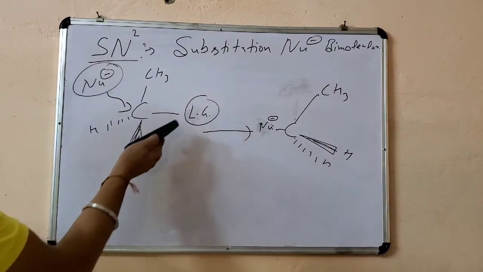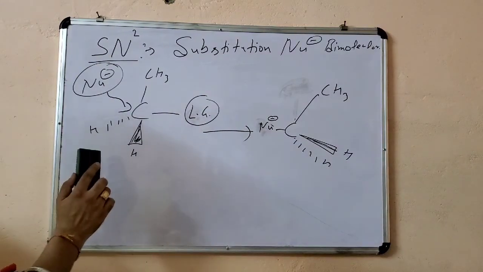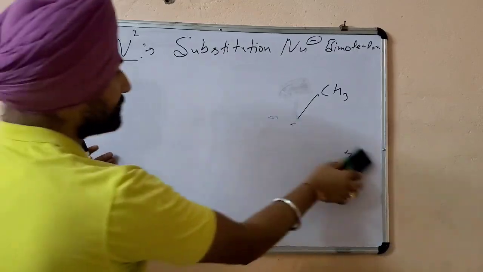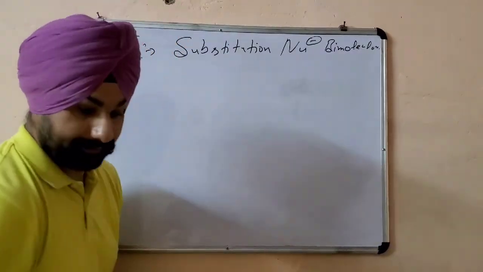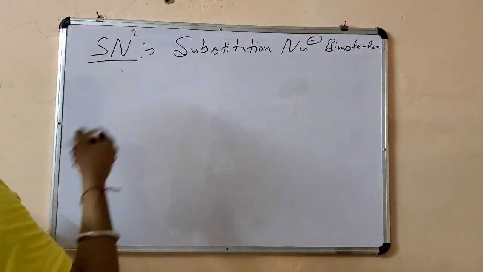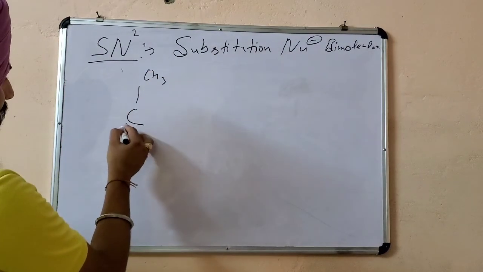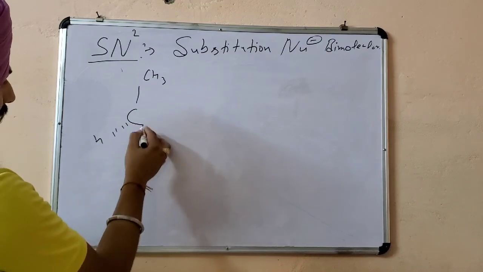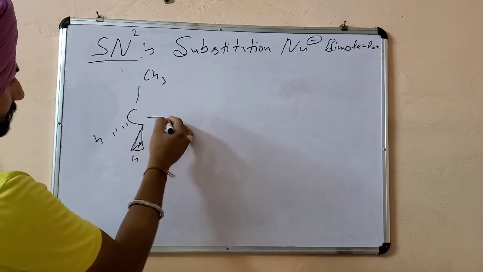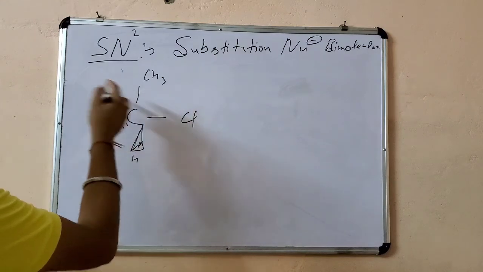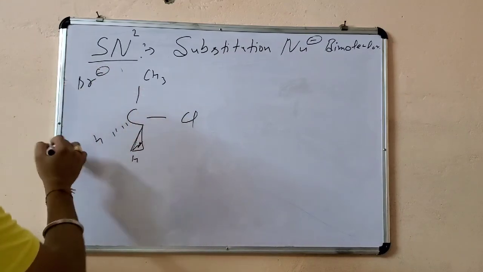Now the mechanism of this SN2 reaction is very simple. We have a carbon with 4 bonds. Suppose chloride here is the leaving group, and bromide is the incoming nucleophile.